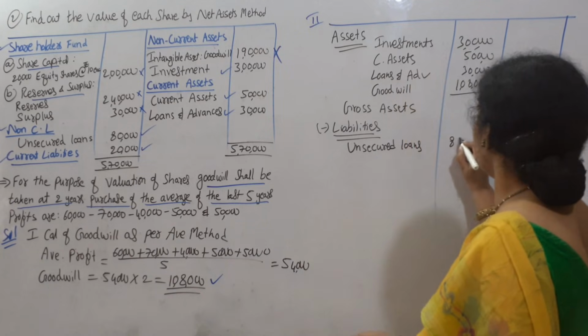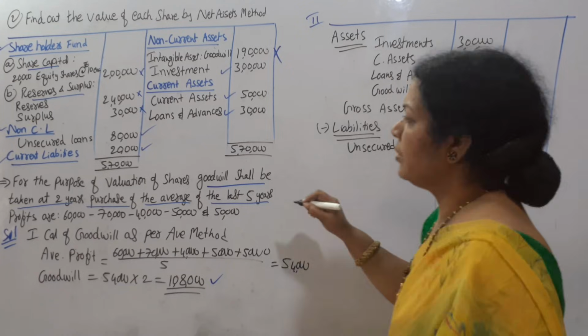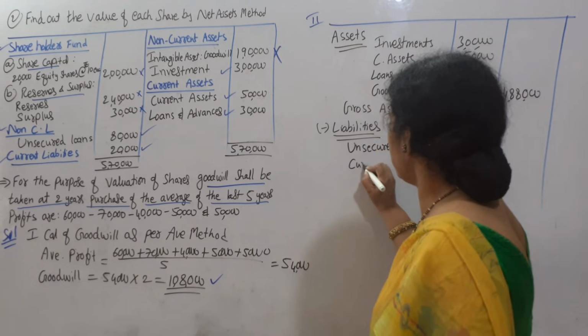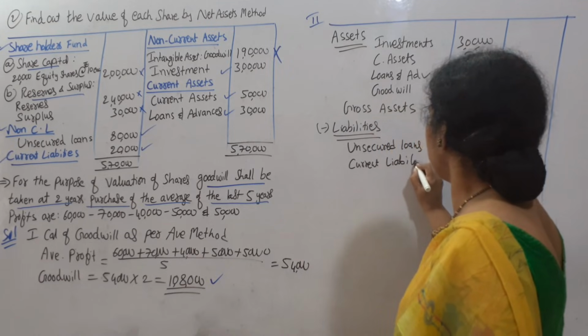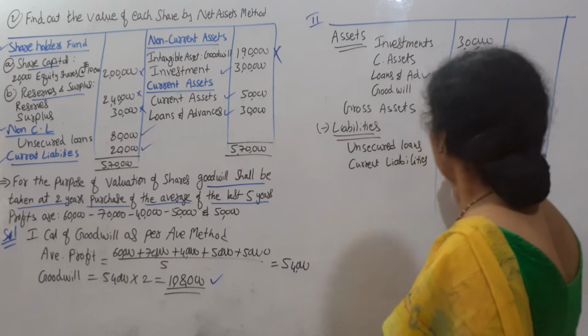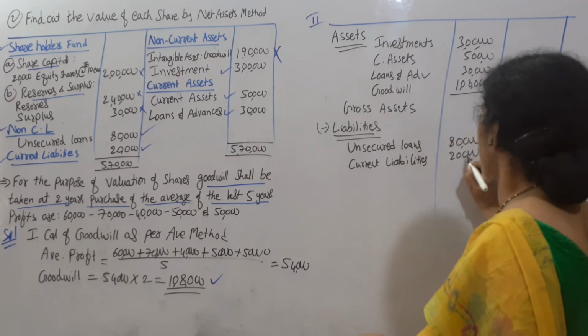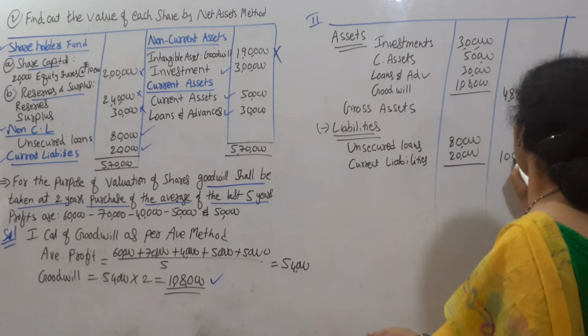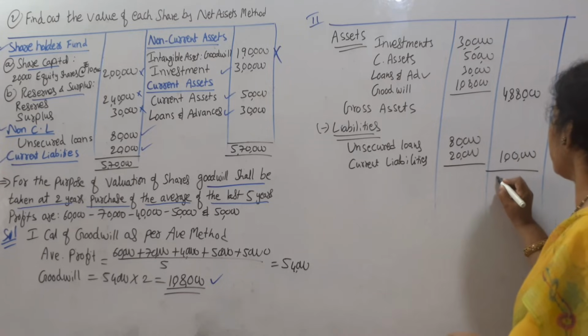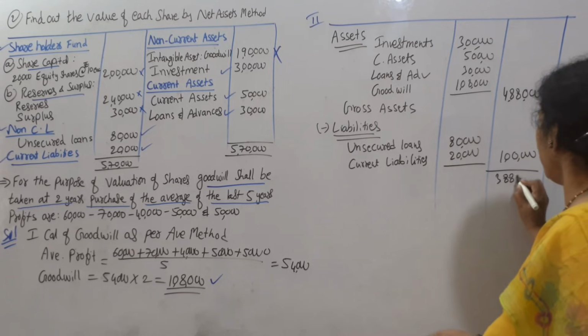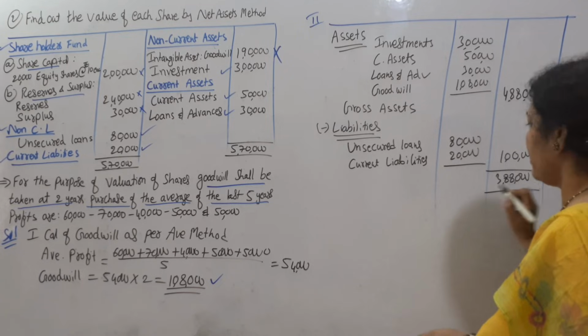Unsecured loans 80,000 and current liabilities 20,000. It means 1 lakh. If you deduct it, you will get 3,88,000. 3,88,000 is the net assets.